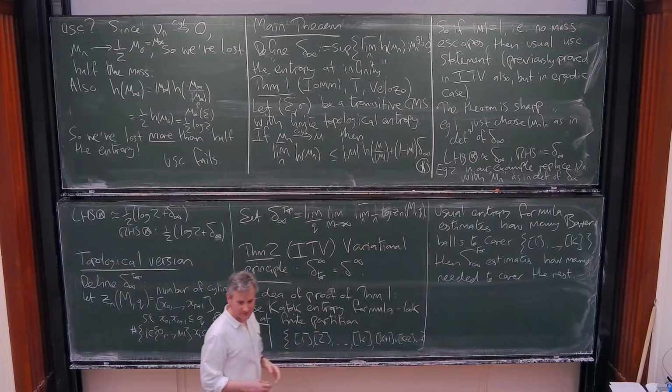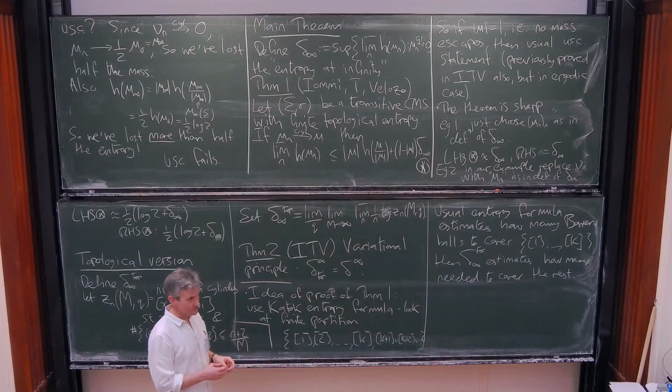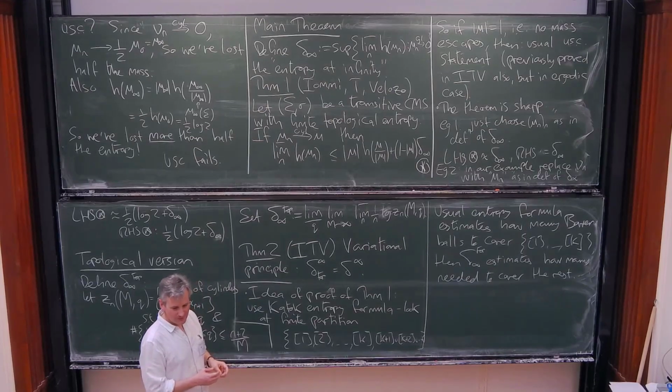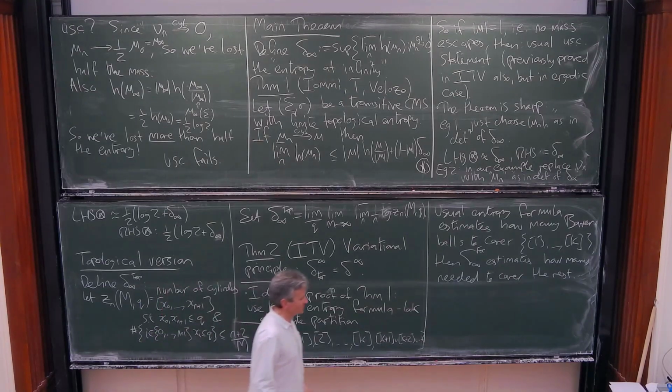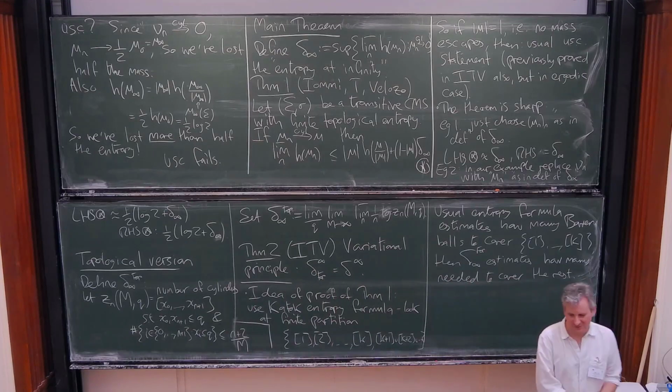But the converse statement, I'm asking: if there's no escape, if the absolute value of mu is 1, does it follow that mu n is tight? I don't know. Right, I don't know either.